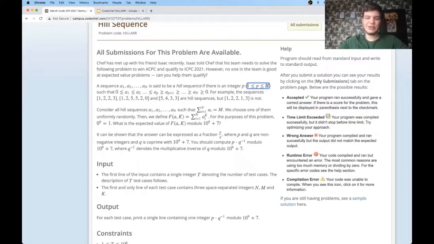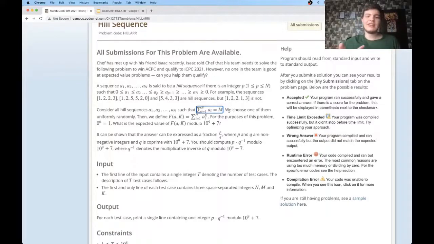N is given to us, it's fixed in the input. And also we are given m, which will be the sum of elements in our sequence. So in some sense, we are constrained about the total sum of the elements in our hill sequence. Basically the problem now is: let's consider all hill sequences that have length n and also have sum of elements equal to exactly m.